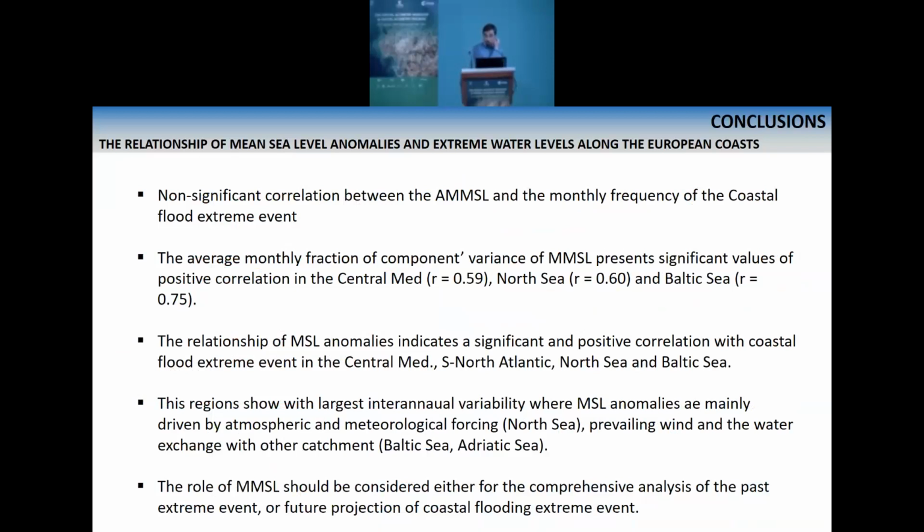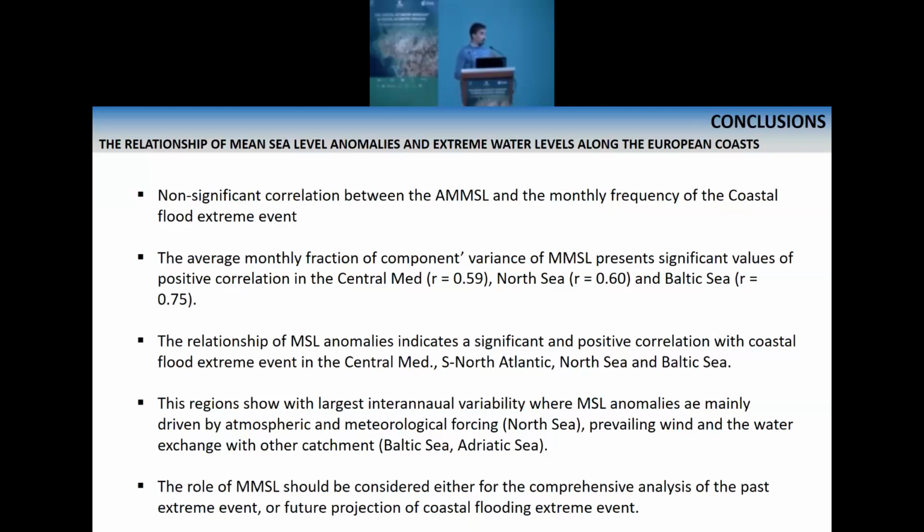Just to conclude, the main conclusion of the work is that there is no relation between coastal flood events around Europe and the average climate, the annual cycle, but there is a relation with the fraction of components. In more specific regions, there is a consistent, positive correlation between the mean sea level anomalies and the extreme events that have caused impact.